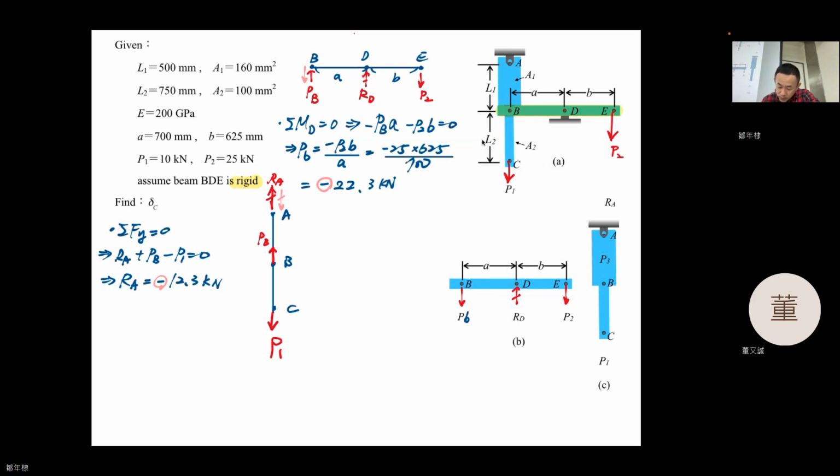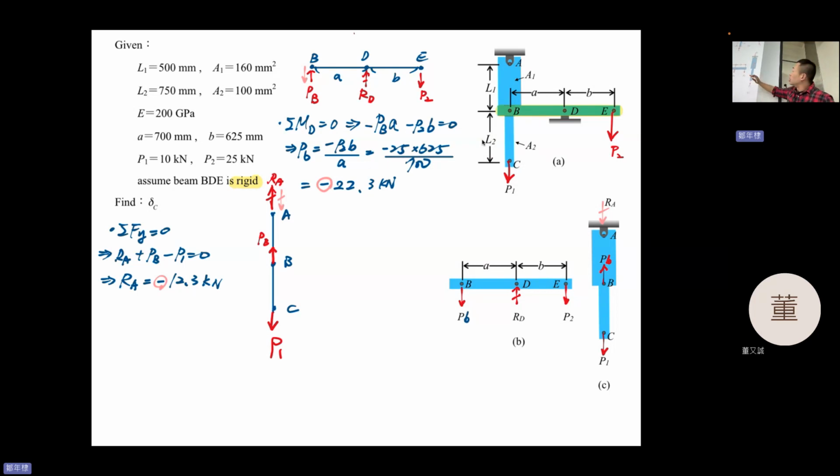But it's okay. We know that in a real diagram, this one is P1, this one will be PB, and RA will be downward, okay? Downward, right.